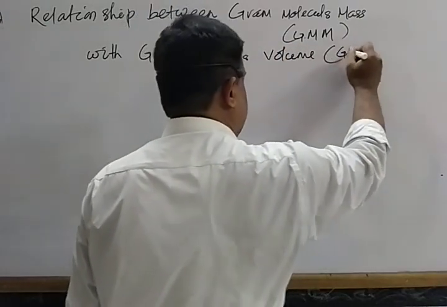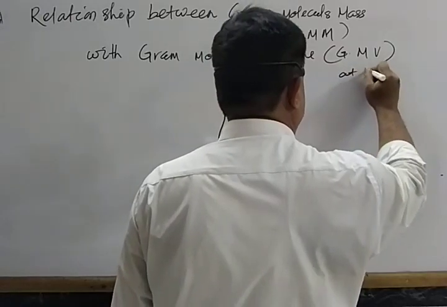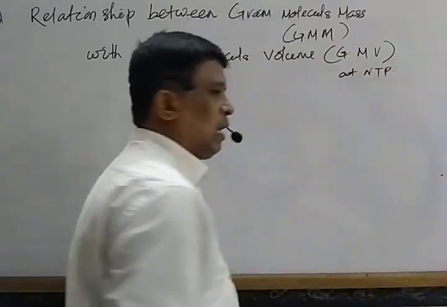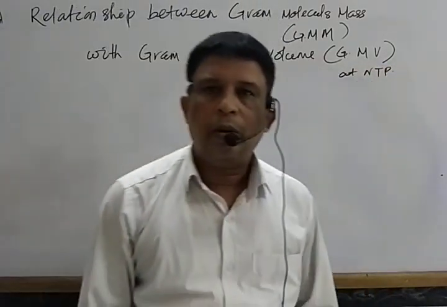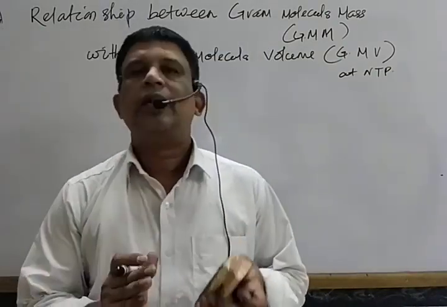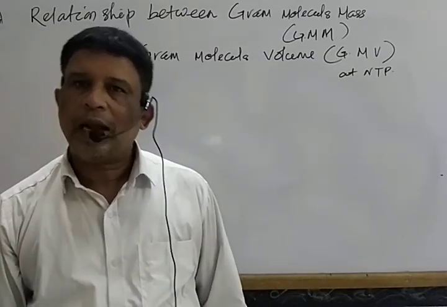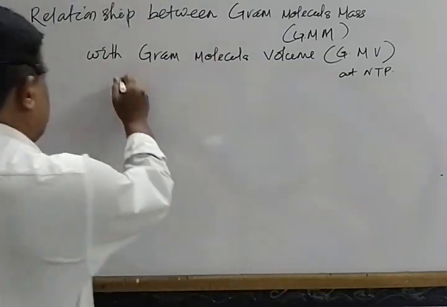This is known as GMV. Mark that. First we covered number with mass. Second we cover mass with volume. Mark that. What is the relationship?